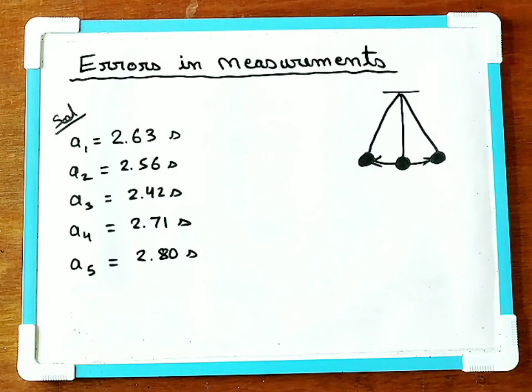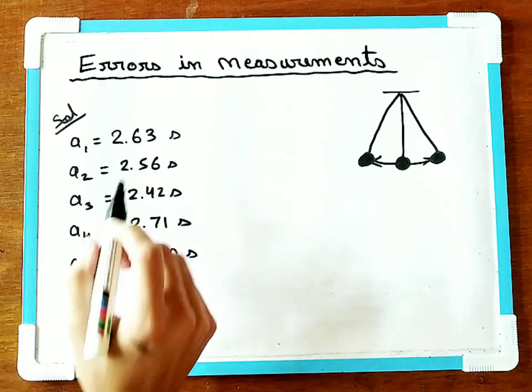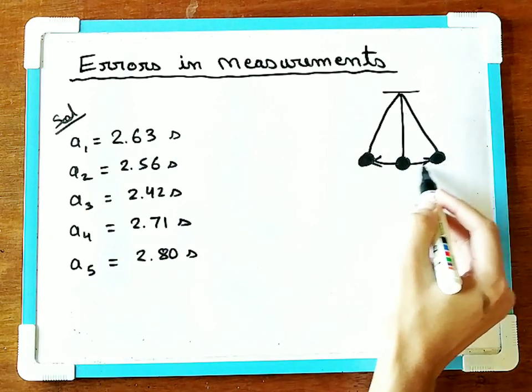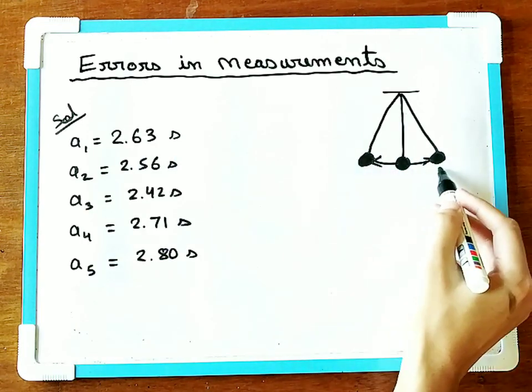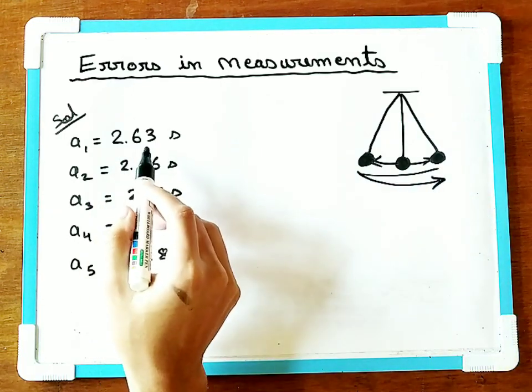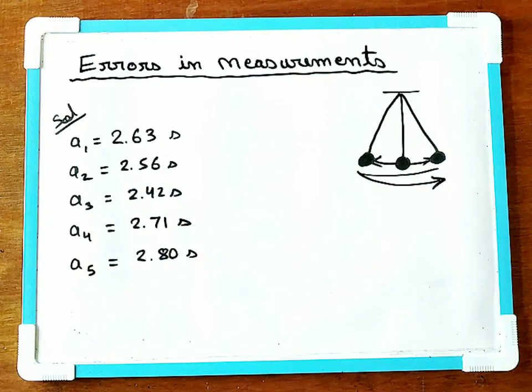So we have 5 observations. These are the time periods. At first they take the time from this position to this position, then back again. This time is taken to be 2.63. The next reading, we got 2.56, then the next 2.42, 2.71, then 2.80.